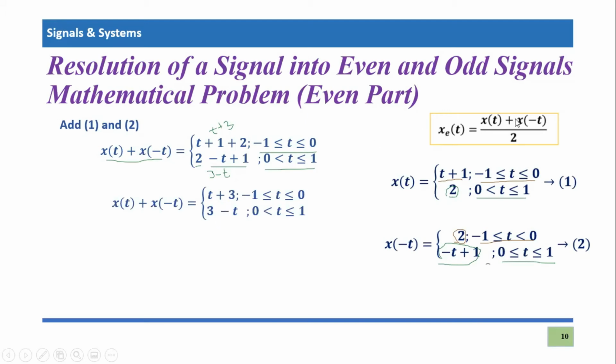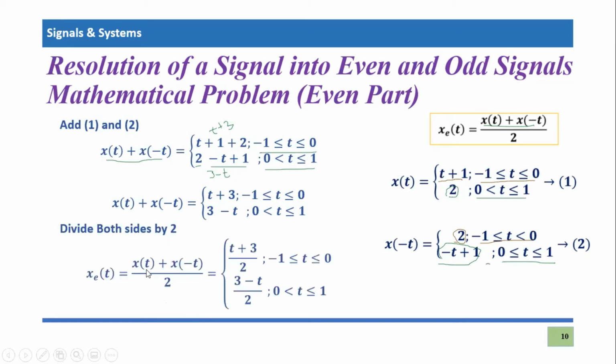The next step, according to the formula, is that we have just added x of t plus x of minus t. Now the next step is to divide the equation by 2. So we have to divide the signals by 2. What is going to happen? Division by 2 will make this signal, x of t plus x of minus t divided by 2, basically nothing but x of et.